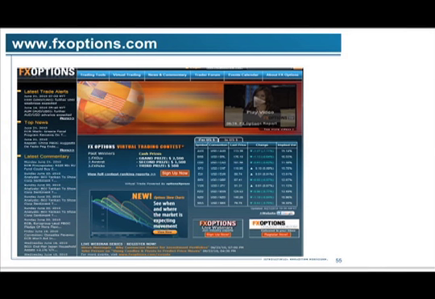First question: is there a typical average holding period for an FX option? I don't know about an average holding period. What I would say is that the FX option is not for someone that wants to trade in and out in 3 seconds or even 3 minutes. The better market for that is probably the spot market.